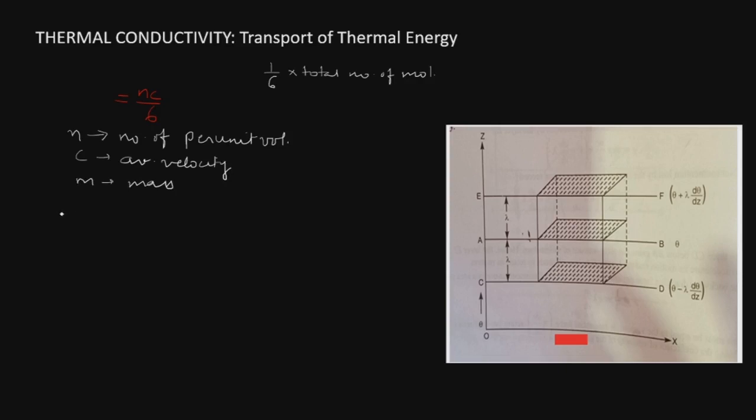Then the number of molecules crossing the layer AB in the upward or downward direction will be equal to nc by 6.